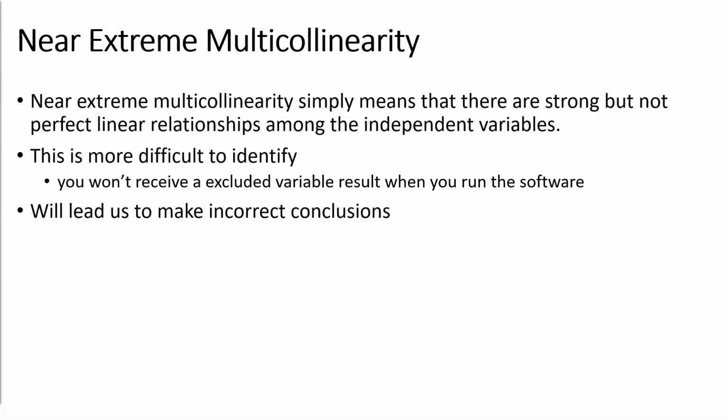So you're going to get coefficients, they're both going to be in the model, but you can't trust the coefficients, but you don't know that you can't trust them. So that's going to lead us to make incorrect conclusions. So near extreme multicollinearity makes it more difficult for us to reliably estimate the coefficients of the variables that are collinear.